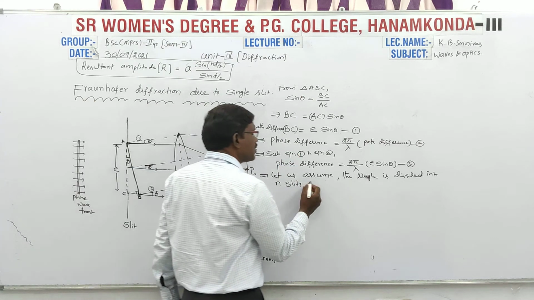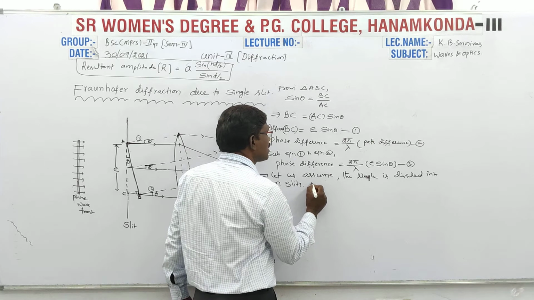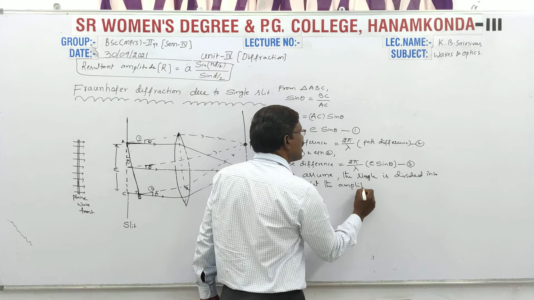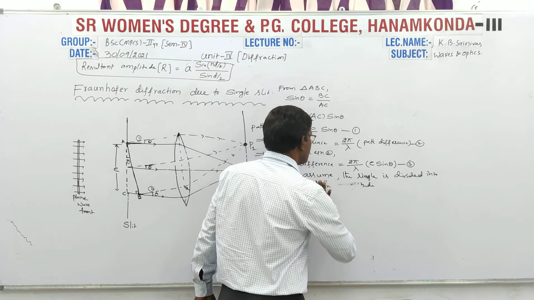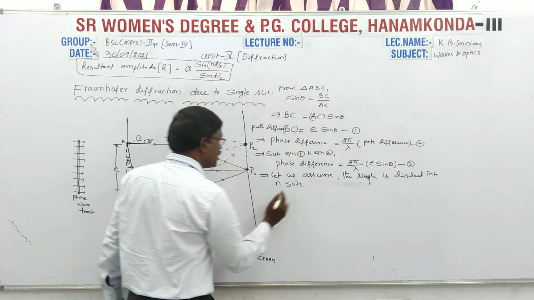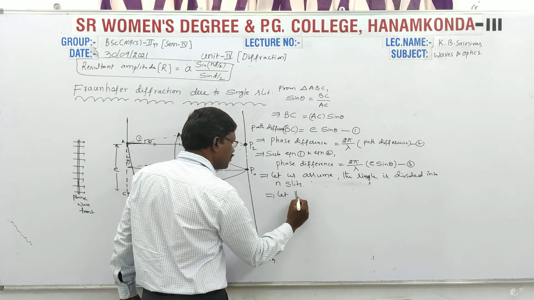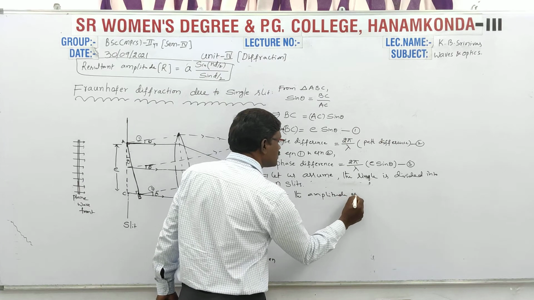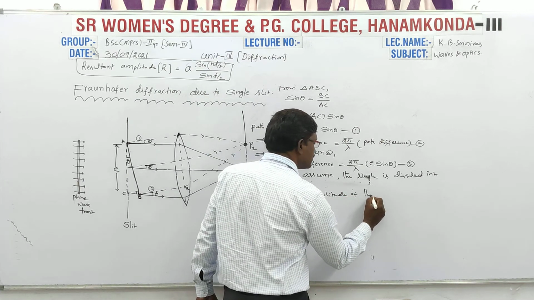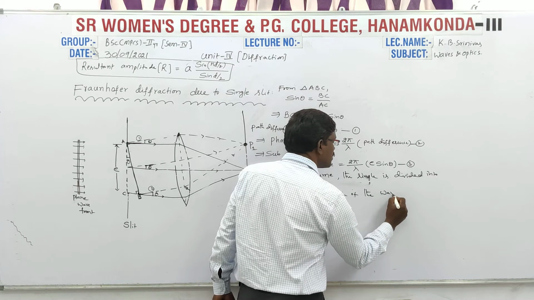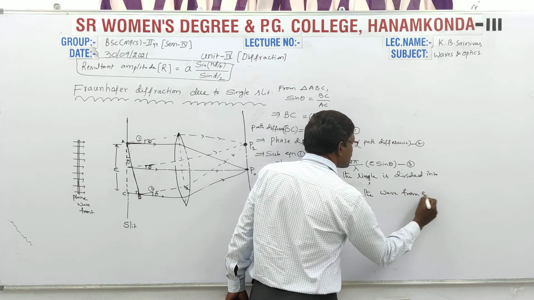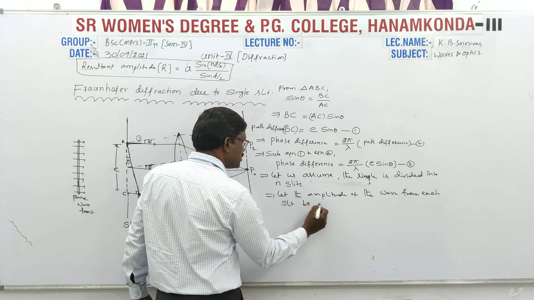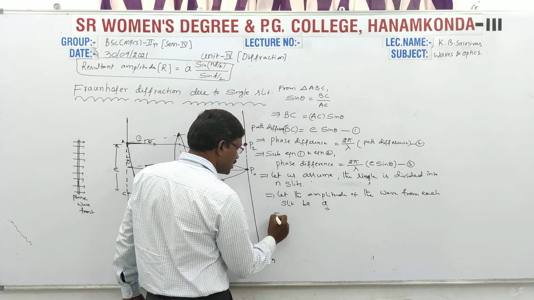The amplitude of the wave, here I am writing this as the second point. Let the amplitude of each wave from each slit be small a.